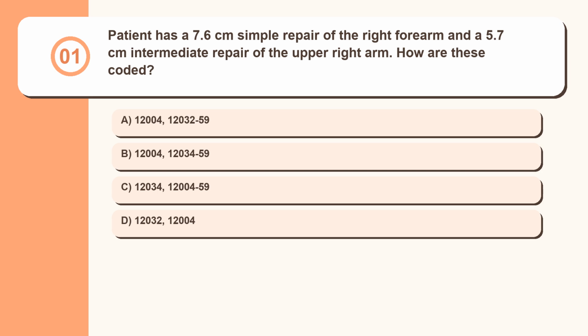Question 1. Patient has a 7.6 cm simple repair of the right forearm and a 5.7 cm intermediate repair of the upper right arm. How are these coded? 12004, 12032-59; 12004, 12034-59; 12034, 12004-59; 12032, 12004.